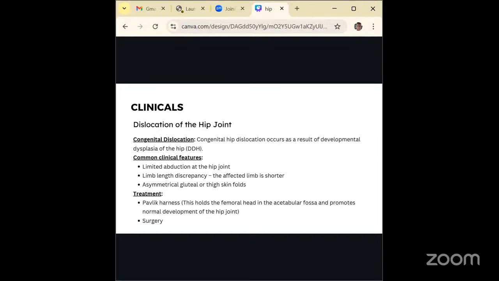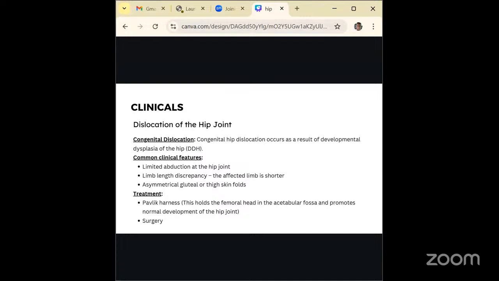If you're conversant with your embryology, you'll be hearing things like congenital malformations, congenital this, congenital that. It's just trying to say that that can happen during the developmental stages of that individual. So we have congenital dislocation, and this happens as a result of DDH, developmental dysplasia of the hip.